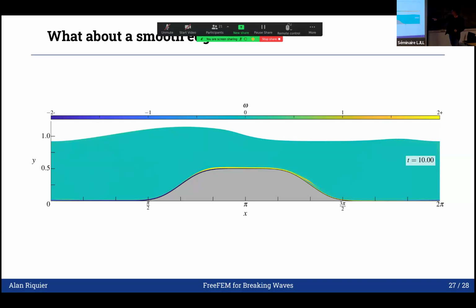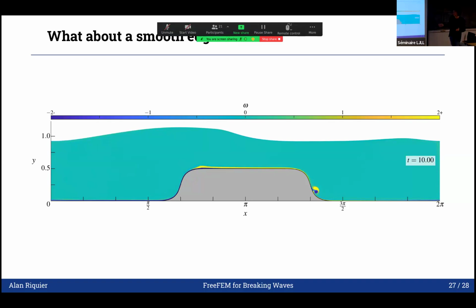And this time, with a very smooth edge, with a very low curvature, the boundary layer is stable. But as I increase the curvature, as I decrease the support of the mollifier, a vortex finally appears.